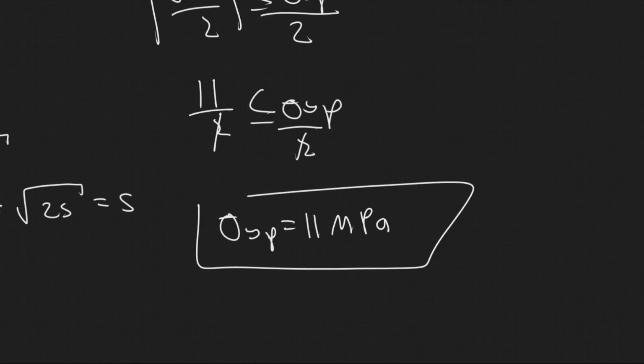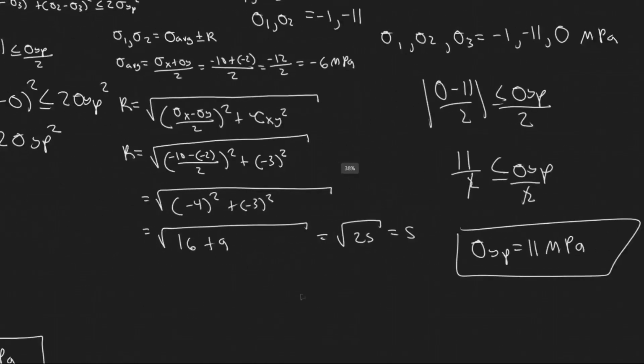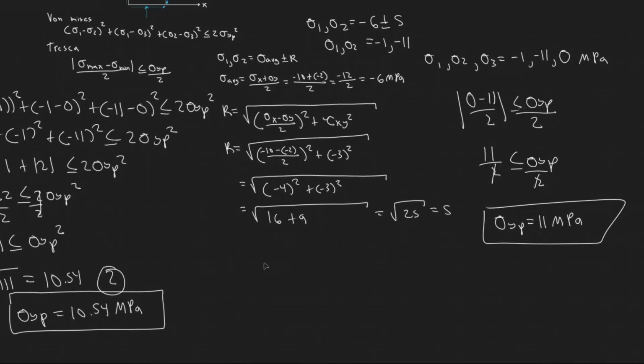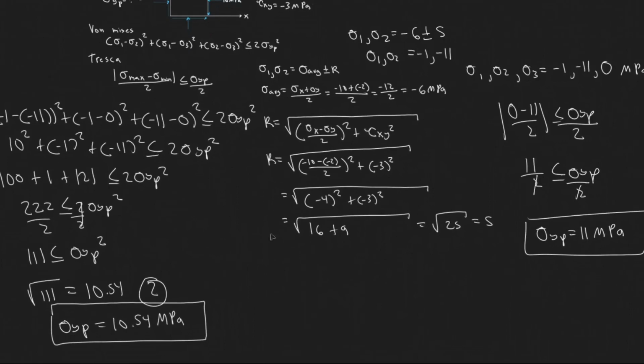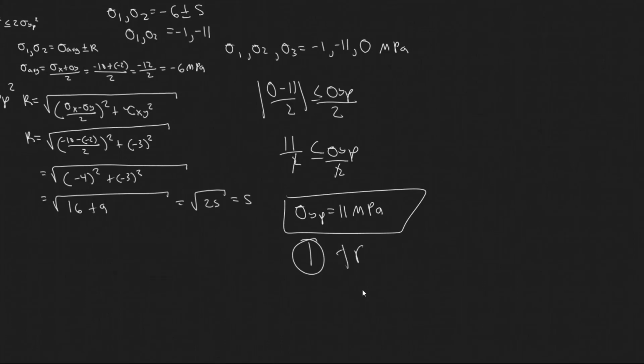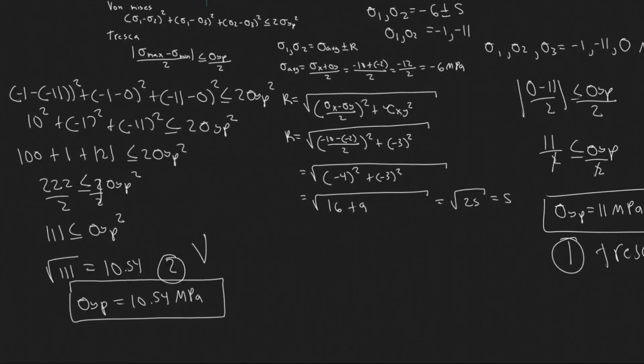Let me make sure I wrote that here. Yeah, MPa. So basically you're just going to get two different values since we're using different criteria, and those are just for estimating when it's going to yield. So yeah, these are going to be your answers. Keep in mind this is for Tresca, and then this one was for the von Mises.